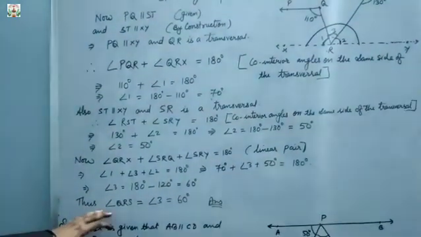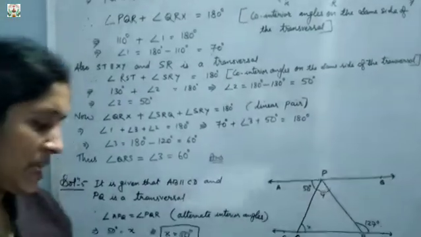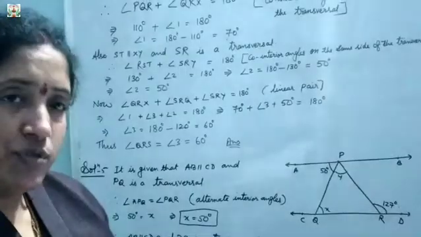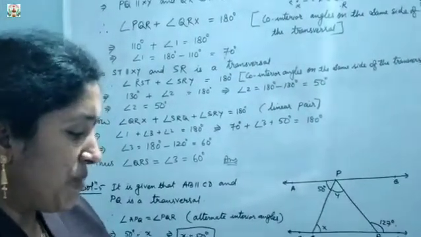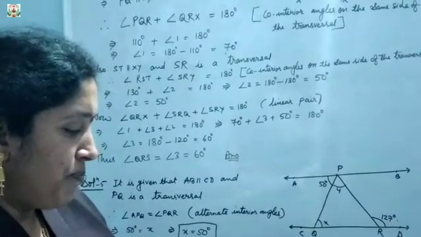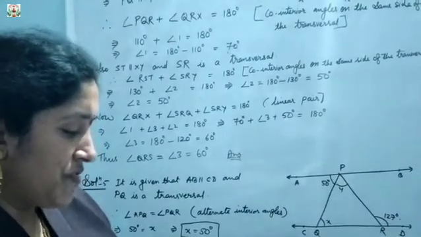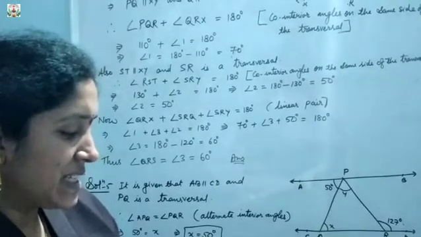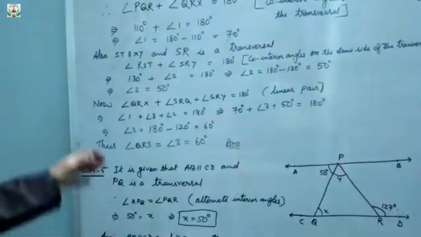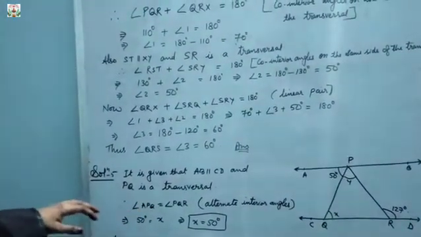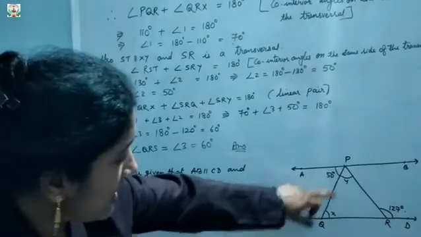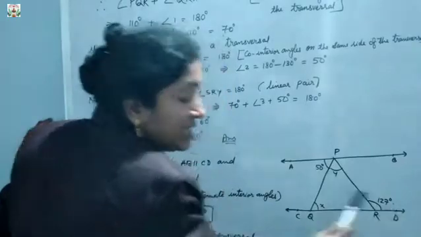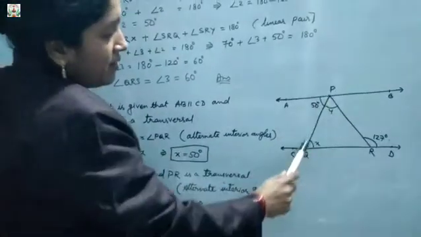Now after that comes the fifth question. The figure is given for the fifth question also. If AB is parallel to CD and angle APQ equals 50 degrees and angle PRD equals 127 degrees, find X and Y. You can see you have to find the value of X and Y. The figure is given, with AB parallel to CD, and a triangle PQR is drawn.